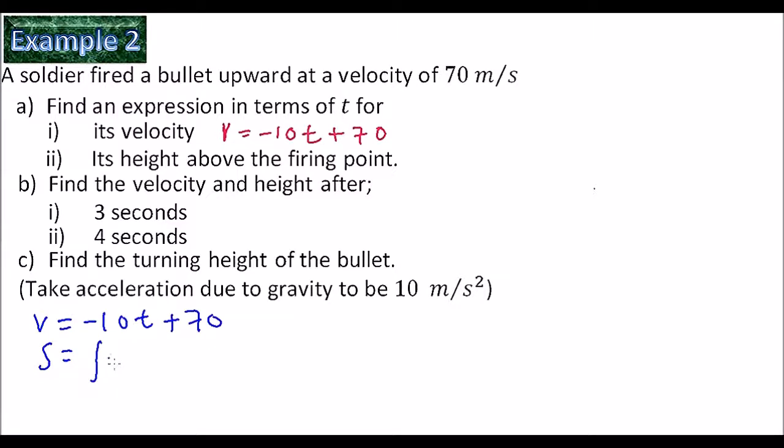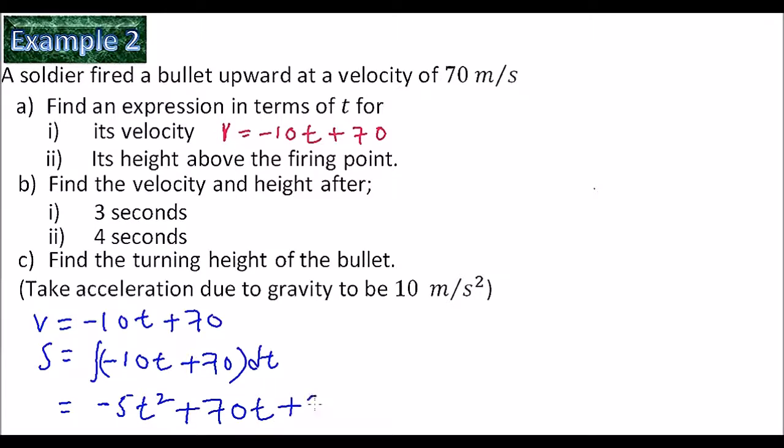So displacement is equals to the integration of minus 10t plus 70 with respect to time, that is dt. When you integrate that, this will be t squared, so we divide 10 by 2, so we have minus 5t squared plus, this is a constant, so it will be 70t plus c.